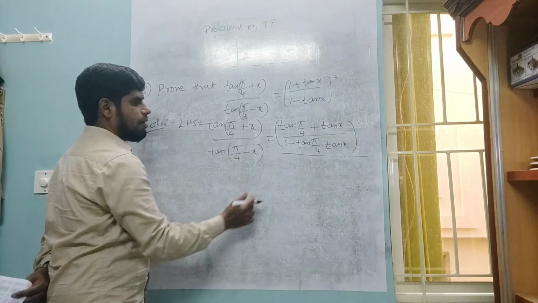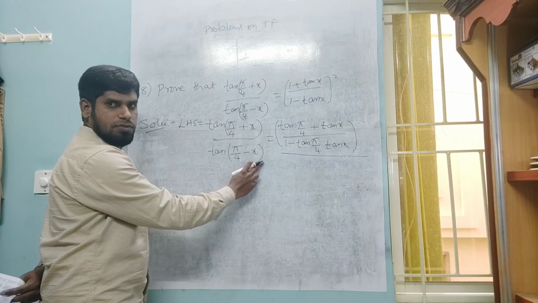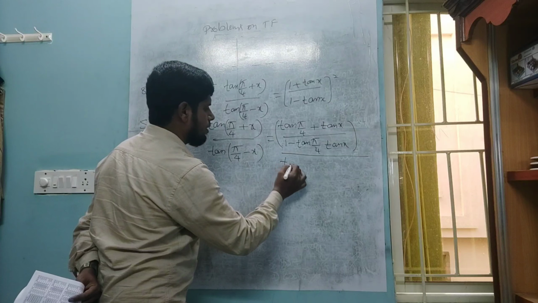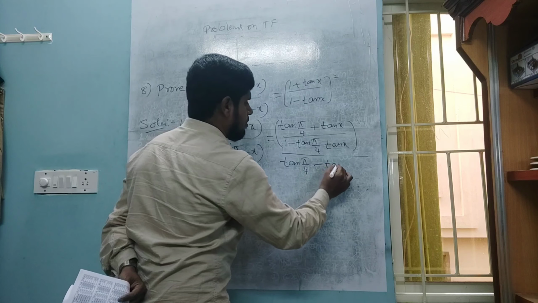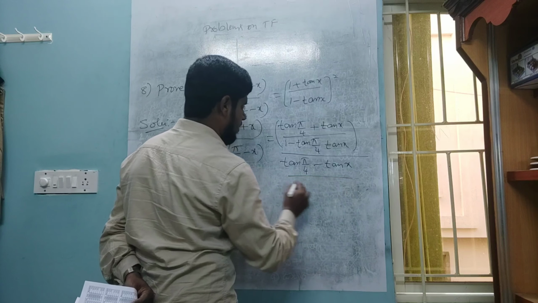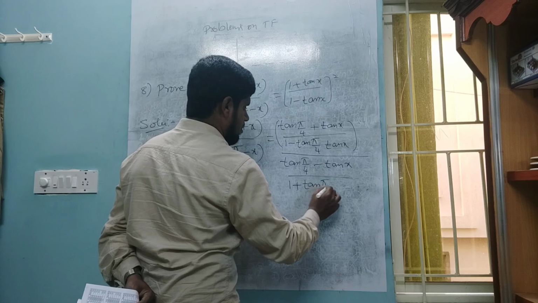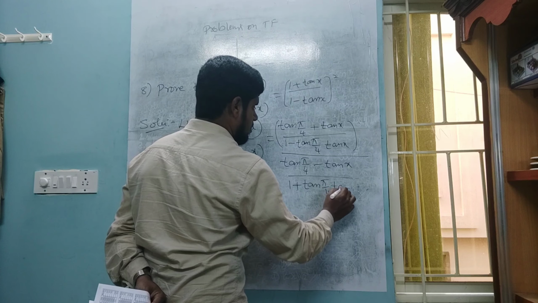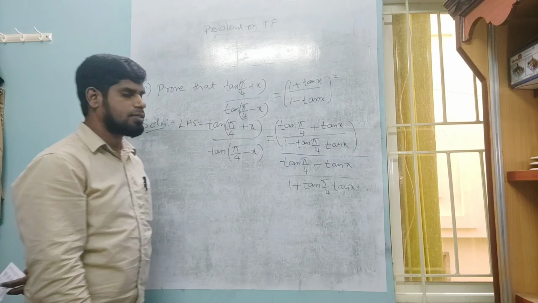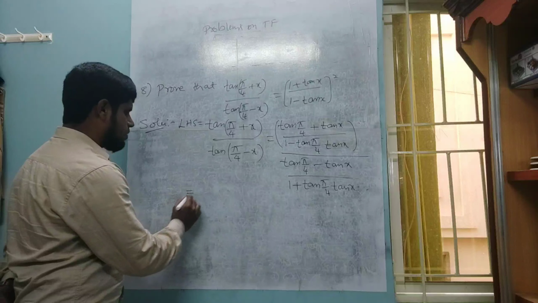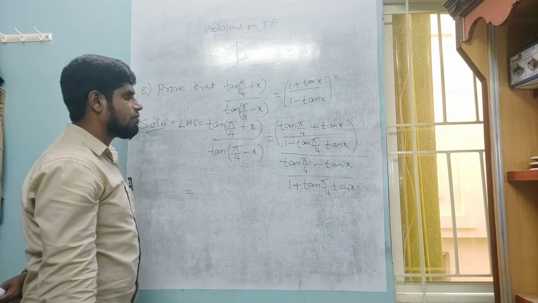Now we take the denominator here. So the denominator is tan(x minus y), it is tan x minus tan y divided by 1 plus tan x tan y. That is equal to tan pi by 4. What is tan pi by 4?